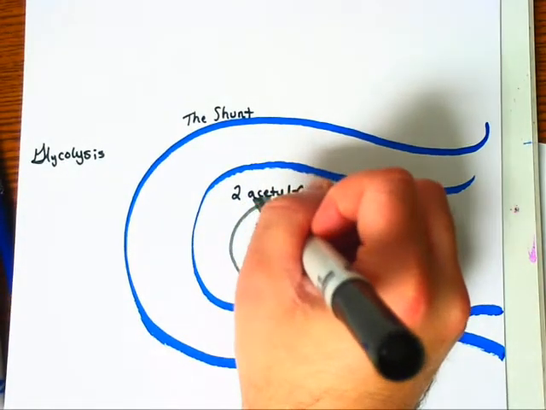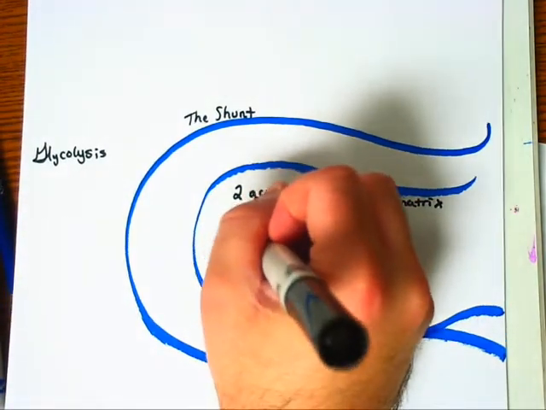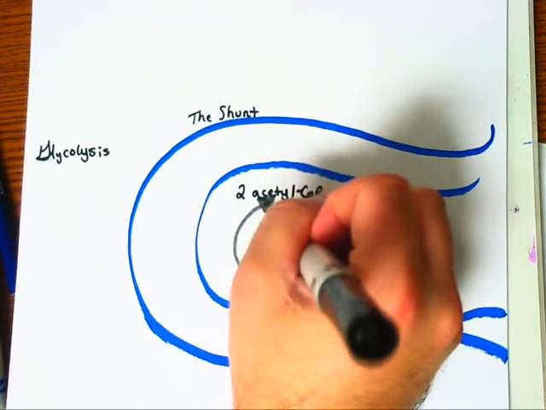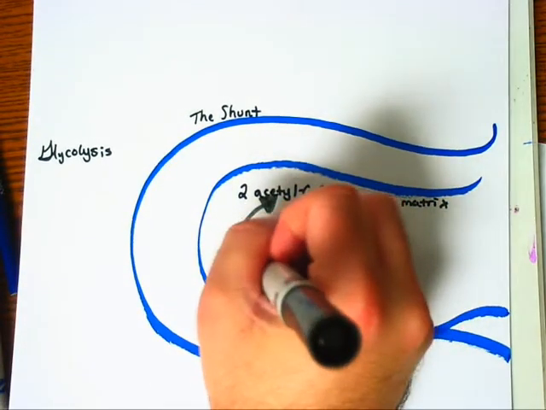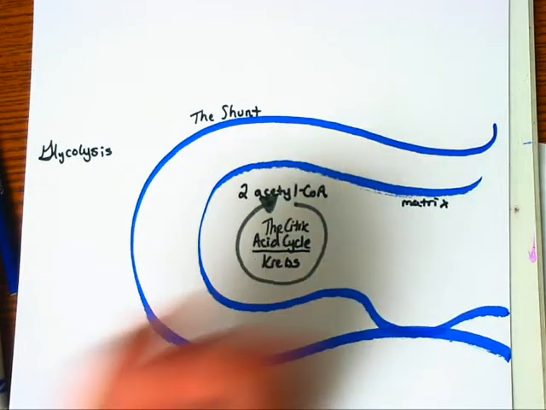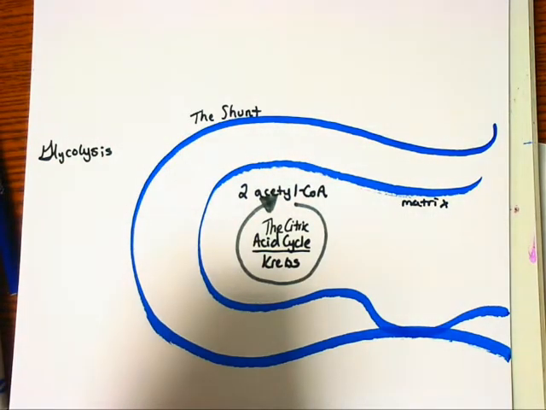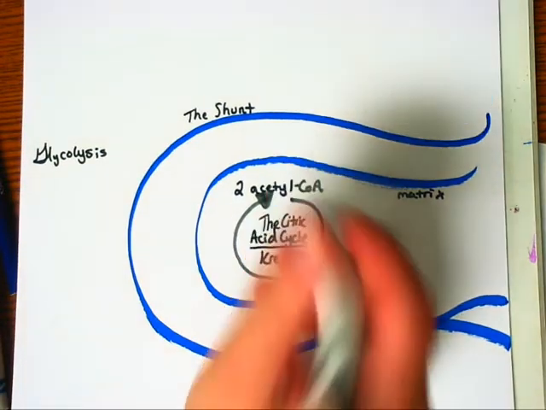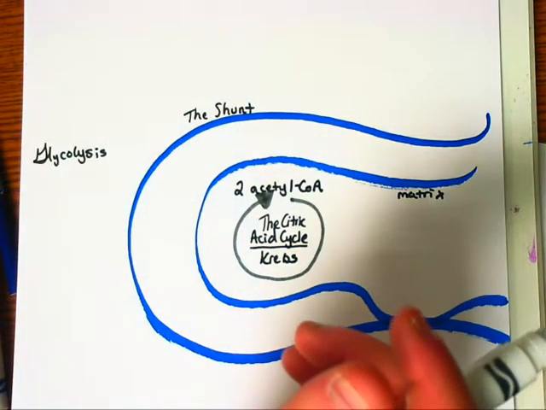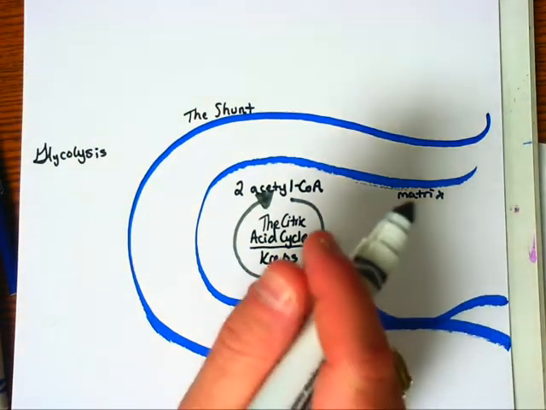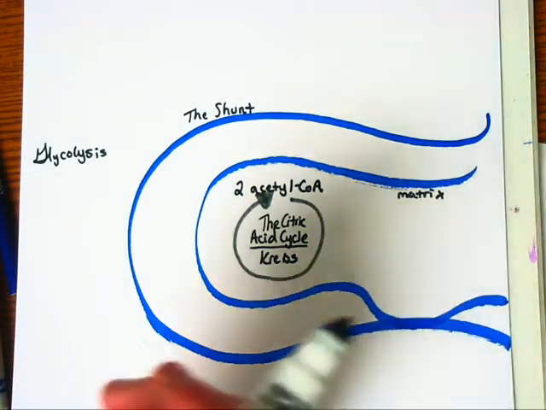Is that related to the Krebs cycle? It's the same thing. How many carbons were each of the acetyl-CoAs? So that means that there's a total of 4 carbons still locked up in my sugar, essentially.